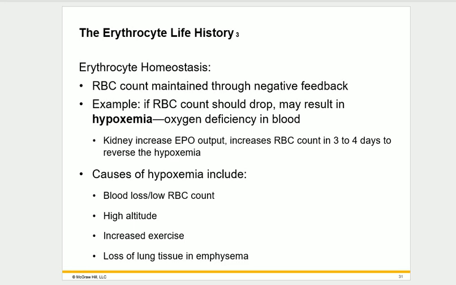If you were to move to Denver after not living in a high elevation area, the lower oxygen level at that high elevation would produce temporary hypoxemia and stimulate EPO secretion and erythropoiesis. So the blood of an average adult has about 5 million red blood cells per microliter, but people who live at high elevations may have counts of 7 to 8 million red blood cells per microliter due to the lower oxygen levels up there.